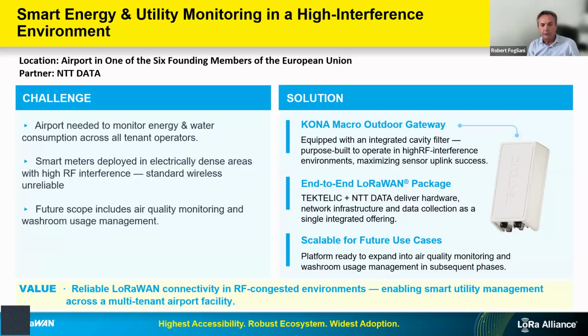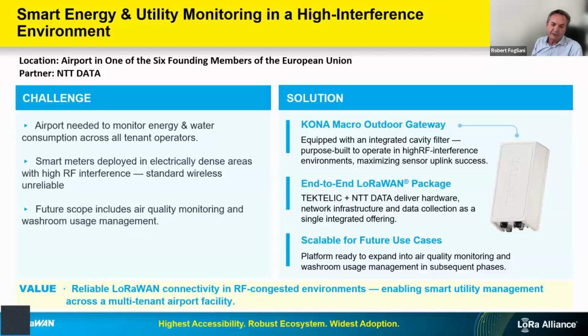At the same time, the airport needs to monitor energy and water consumption across multiple tenants and multiple zones, and be prepared for future use cases like air quality and space utilization. The key to success was the Kona Macro gateway, which is equipped with a cavity filter inside. This product was designed specially for high-interference environments. Tektelic and NTT Data delivered a fully integrated solution: hardware, network infrastructure, and data collection, all in one package.